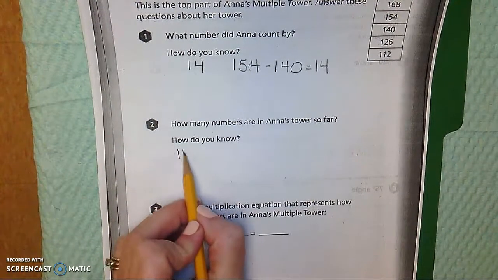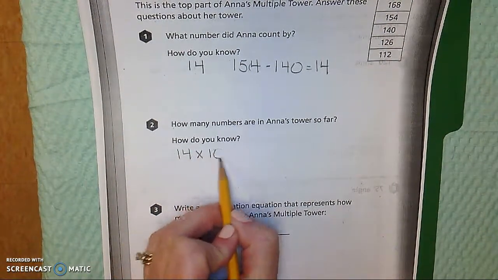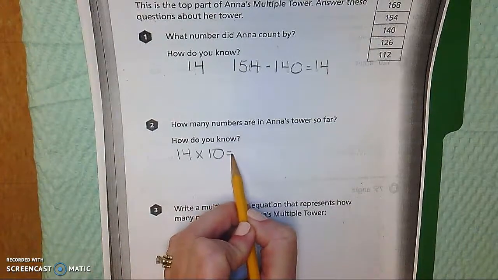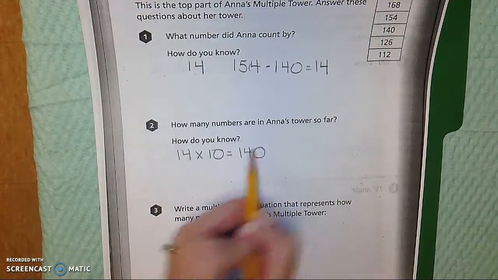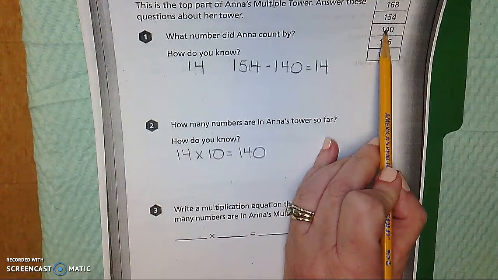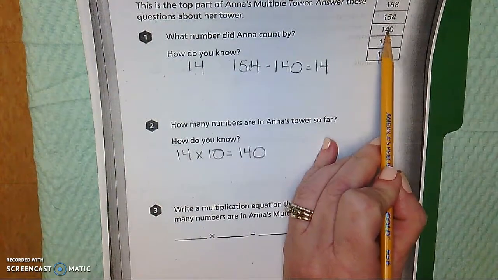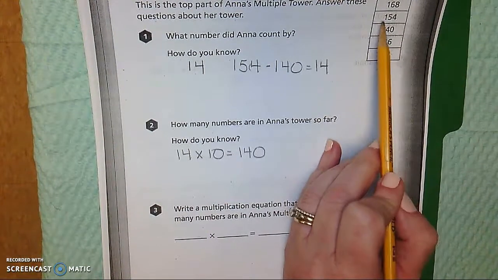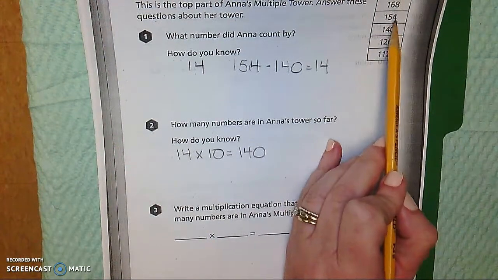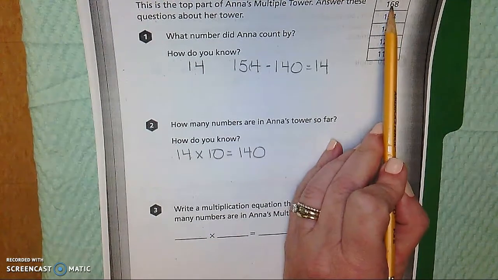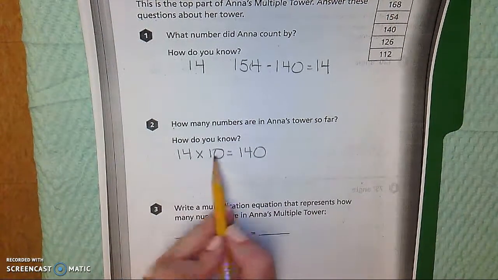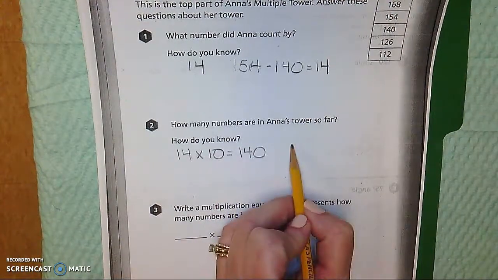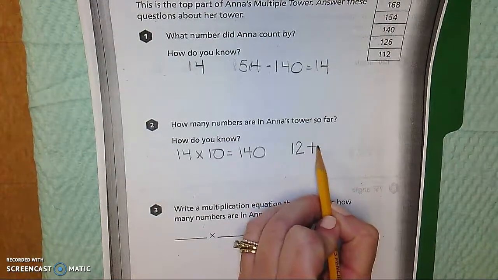I know that 14 times 10 equals 140. And look at there, guys, I see 140. So I know that's the 10th multiple. But then I know 14 times 11 is 154, and 14 times 12 is 168. So I know that they have skip counted 12 times.